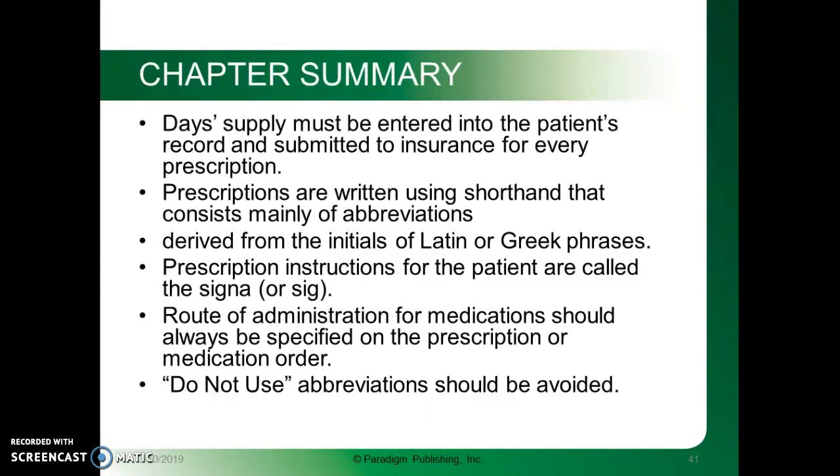If the route of administration is not specified, you have to call the physician's office and clarify. Anything that is missing from the prescriptions needs to be clarified by calling the physician's office or the hospital if that prescription is coming from the hospital. Do not use abbreviations; they should be avoided.